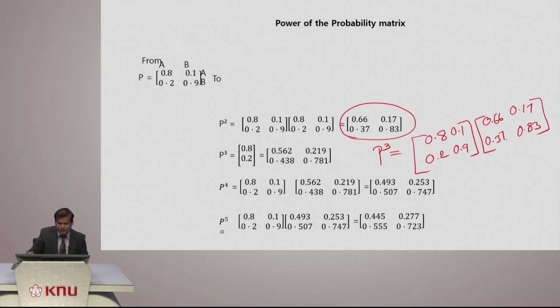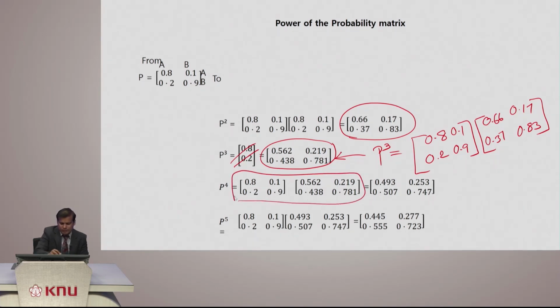When you multiply these two things, you will get this one. This one you can ignore, maybe there is a typo. So this one we will get, and then for P4 we are again multiplying these two elements and getting this one, and for P5 again you multiply these two elements and get this one.